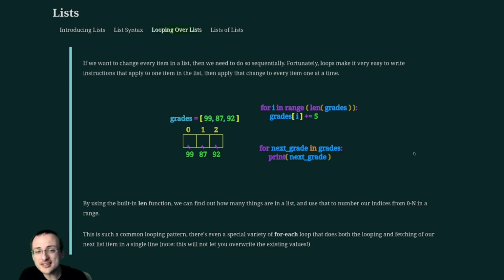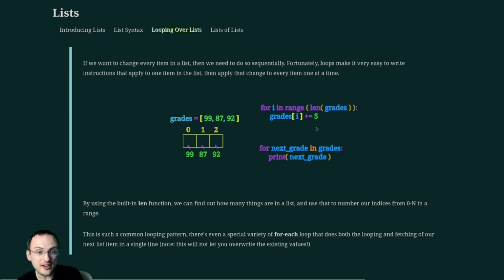The way that my loop would look here is for i in range of the length of grades. And then if I want to actually work with the items in the array, I can use that as my index inside my square brackets and say grades at i, grades[i].